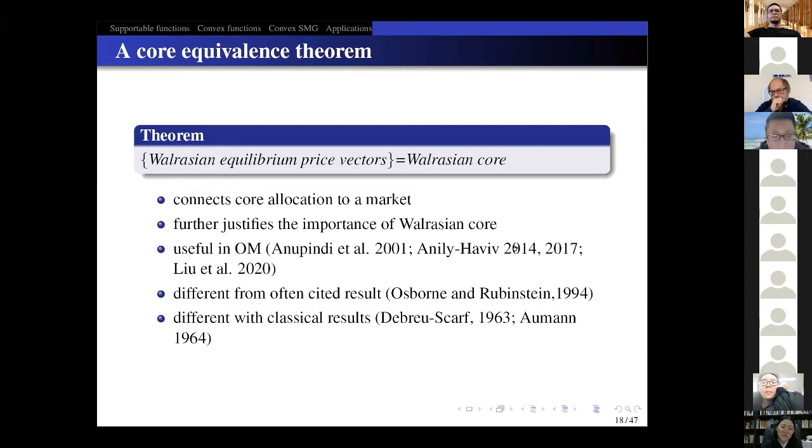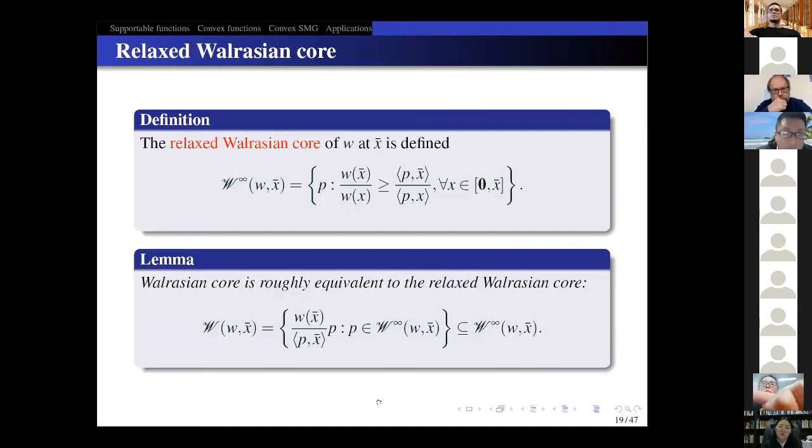I would like to remind you that there are many similar results in general equilibrium theory, where these results are called the core equivalence theorems. But this result is different from any of them. I will move to the details.